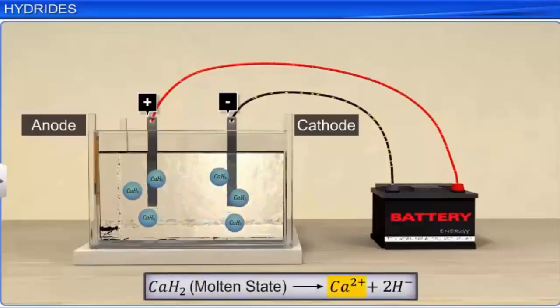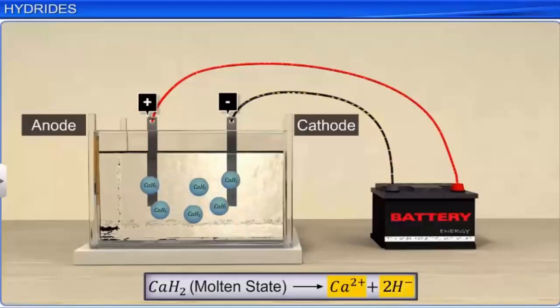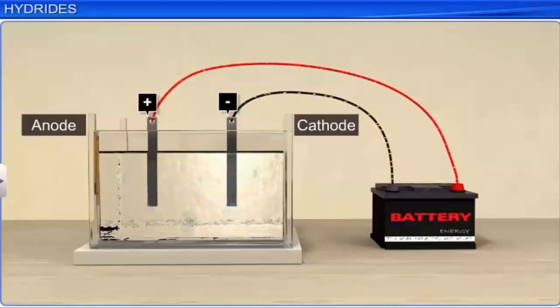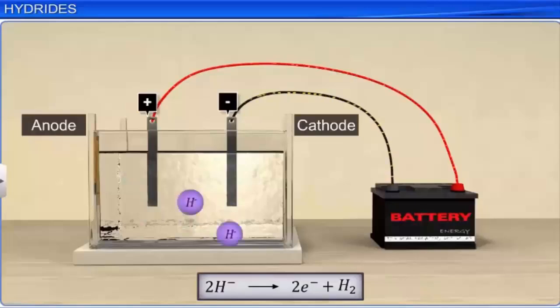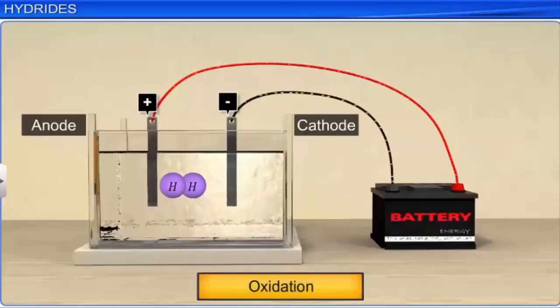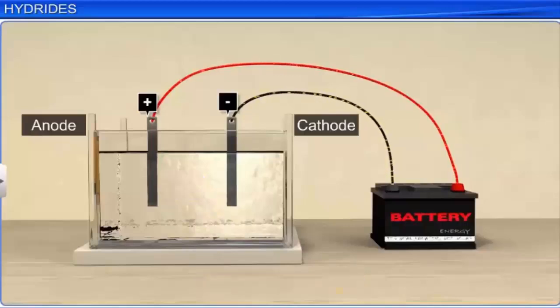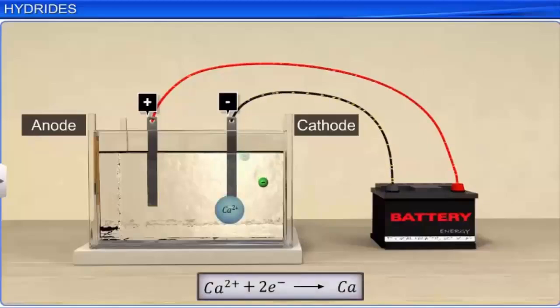At the anode, two hydride ions combine to liberate dihydrogen gas and 2 electrons. This is an oxidation reaction. At the cathode, each calcium 2+ ion accepts 2 electrons to give calcium. This is a reduction reaction.